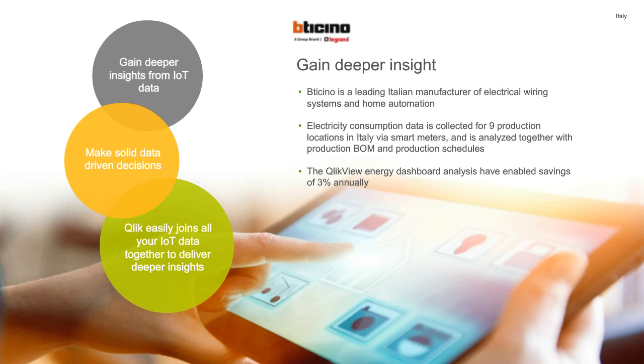They started combining this data together with production bill of material information, production schedules and the like, and they started to gain insights from this data, and they used this to optimize the processes they had inside the factory to reduce energy consumption across all of the individual factories.